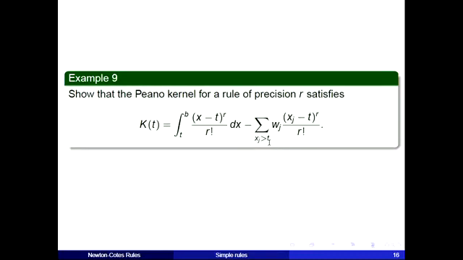this is the Peano kernel. So let's go back to the calculation.